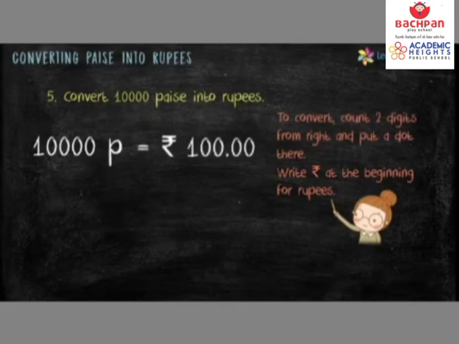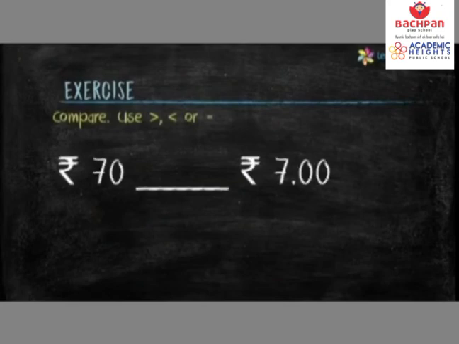So we also write rupees 100 because 00 की कोई value नहीं है, and write rupees at the beginning for rupees. Clear student? So this was about how to convert rupees into paise and paise into rupees. Clear? Now let's do an exercise.